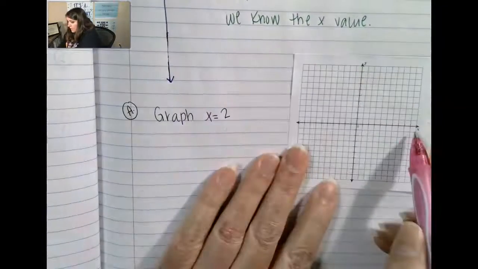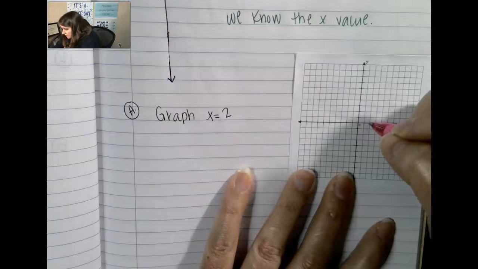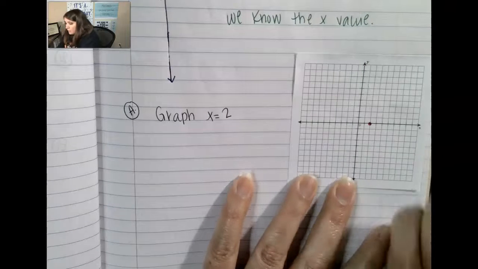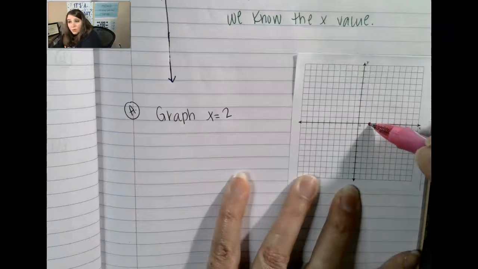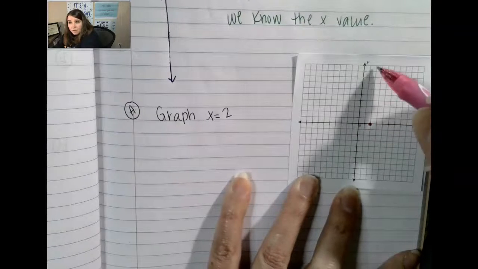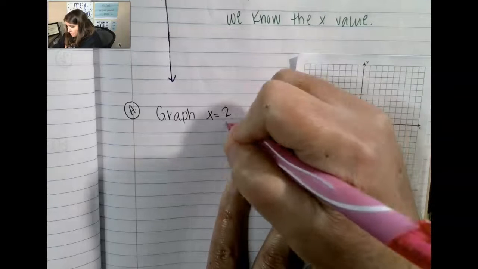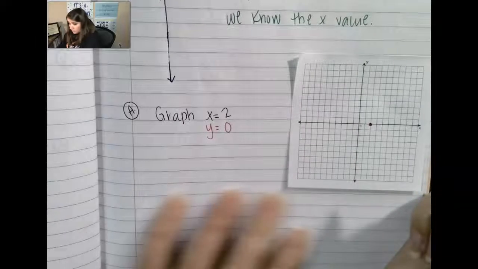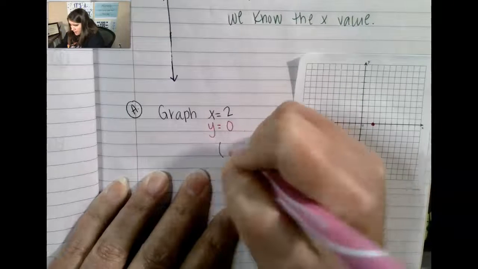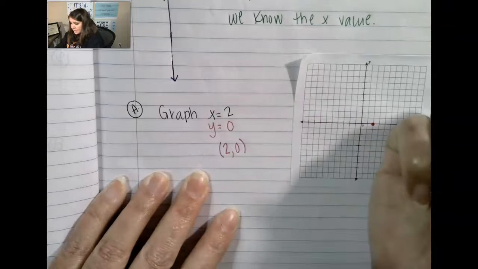Here's my x line, and I'm just going to go over to x is 2. Because I put a dot here at x is 2, I did not move either up or down, so I had 0 as my initial y value. So my ordered pair is x is 2, but y then is 0.